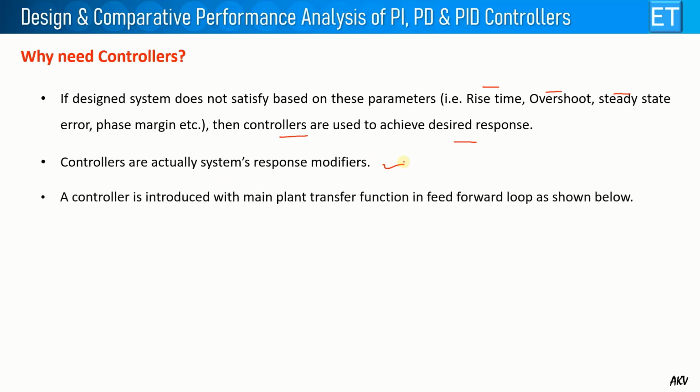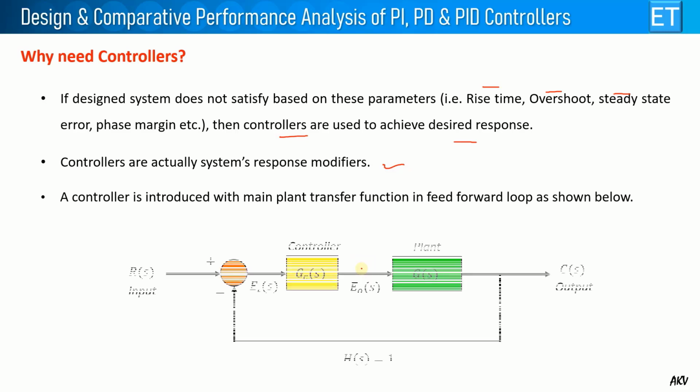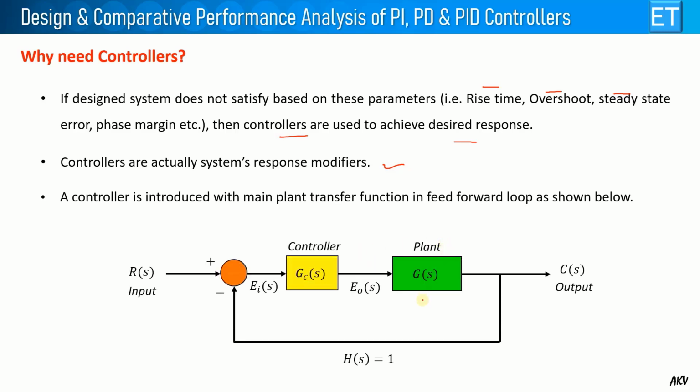A controller is introduced with the main plant transfer function in the feed forward loop as shown below. Here you can see that this is your plant transfer function G(s), whose response you want to modify or change according to your requirement. And this is the controller which will do that work.